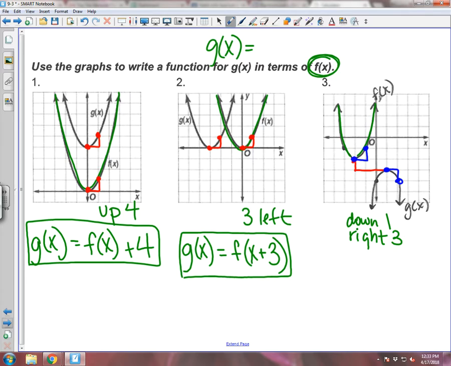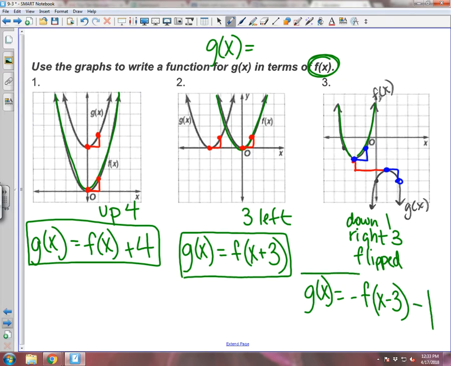The other thing I need you to notice is f of x has been flipped over. And you know how to flip things. That means we just have to make it negative. So I have g of x equals, and we need to put the negative symbol out front. F of x has to go to the right 3, which means inside of here, we have to subtract. And then we also want to go down 1. So that means I need a minus 1 on the end.